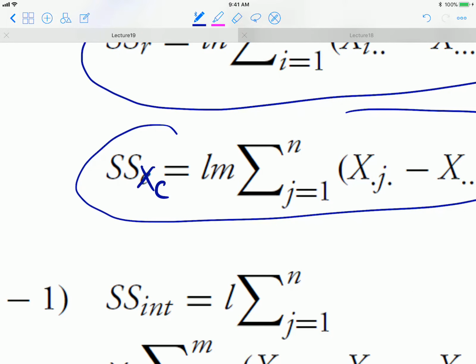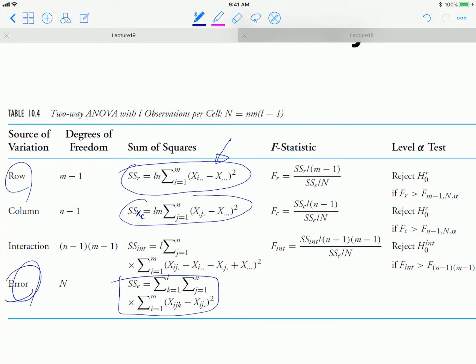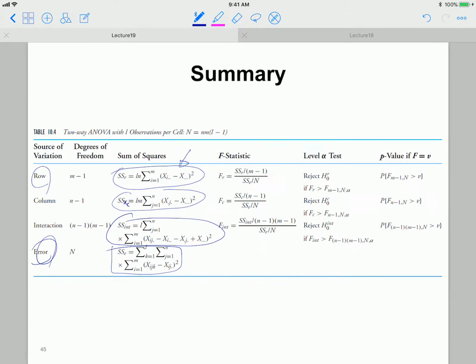It should be C, right? Then for the interaction term, we already studied this part to be placed in the numerator. I think that's it for chapter 10.